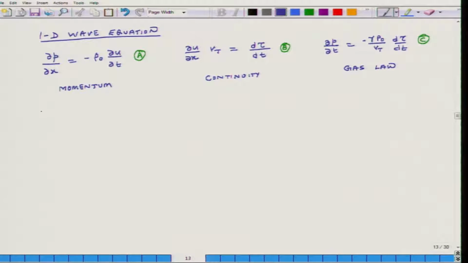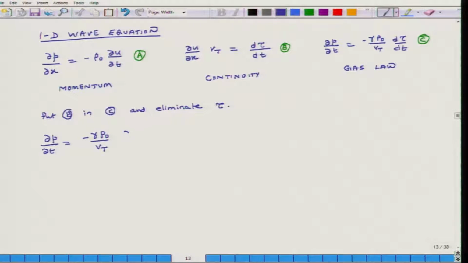First, we compare equations B and C. In B we have d tau over dt equals del u over del x times V t. So, we put B in C and eliminate tau. What we get is del p over del t equals minus gamma p naught over V t, and here I have d tau over dt, which equals del u over del x times V t.